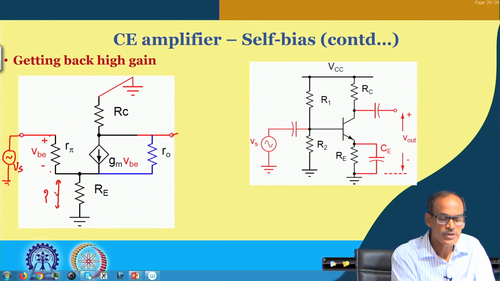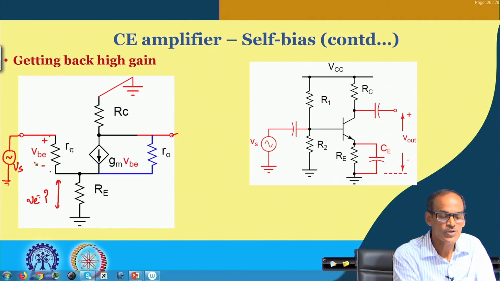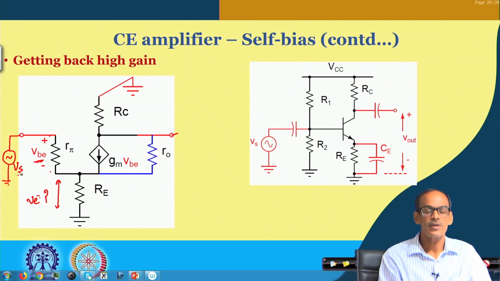So, if we make this emitter voltage 0, then we can force this VB to be equal to Vs, and then we can get back the gain.